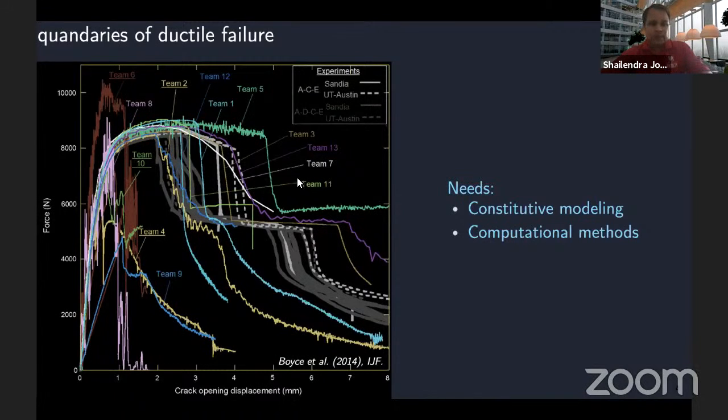And you can see that many of them capture some of the coarser details, but most of them don't match the exact finer details of the experiments. And not surprisingly, the observation that was made was the need to develop better constitutive models, couple them with improved computational methods to be able to capture the necessary details of such fracture processes.